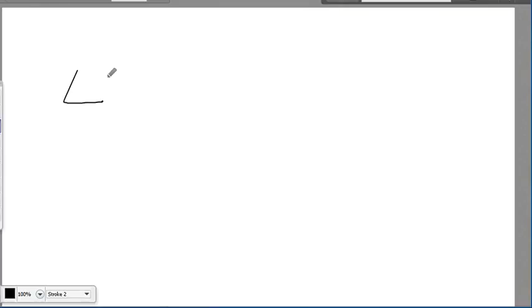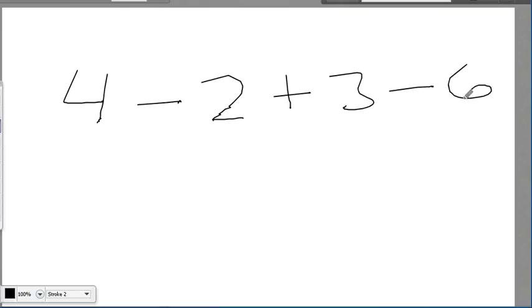Let's say we have 4 minus 2 plus 3 minus 6. Okay, so when you look at this numerical expression, you can see we only have subtraction and addition left. So we don't do the addition first.